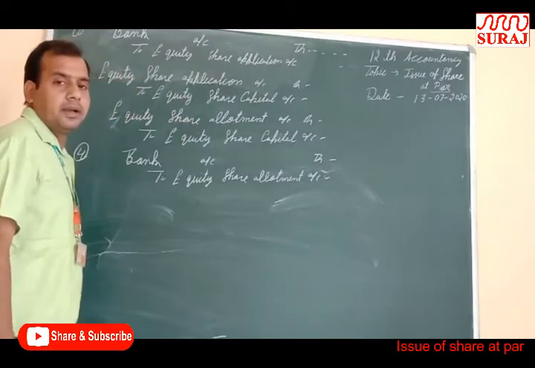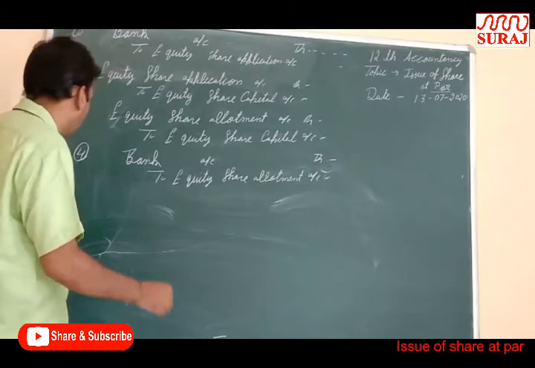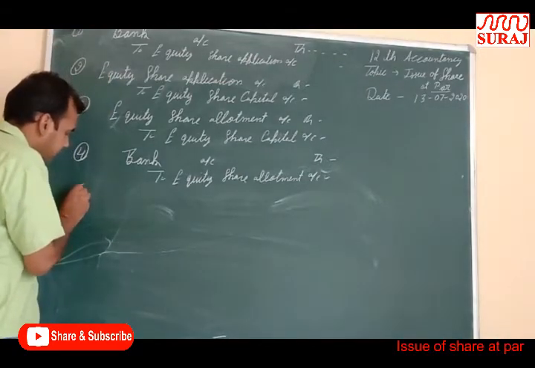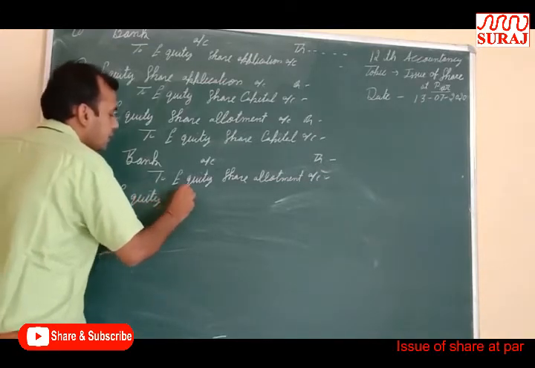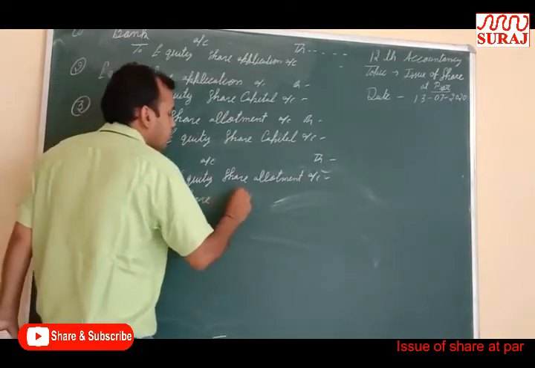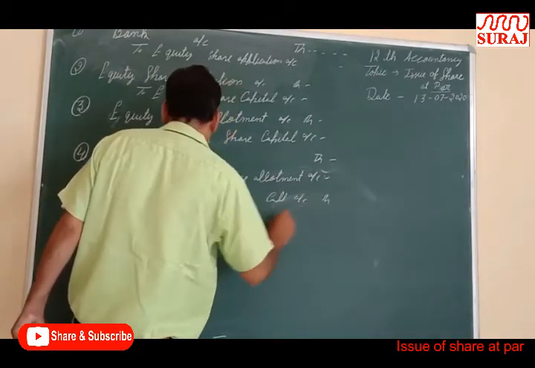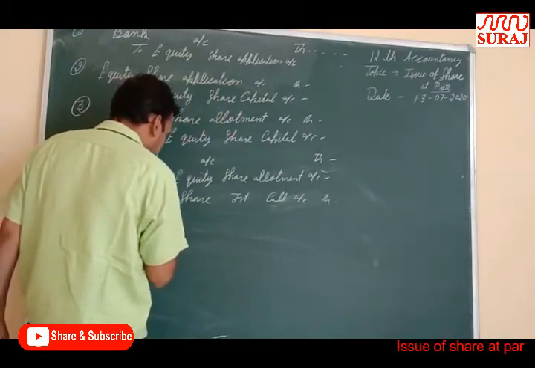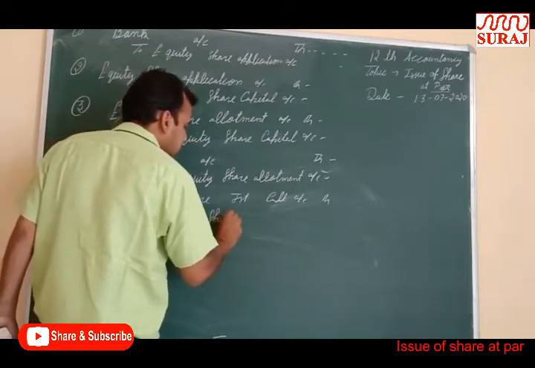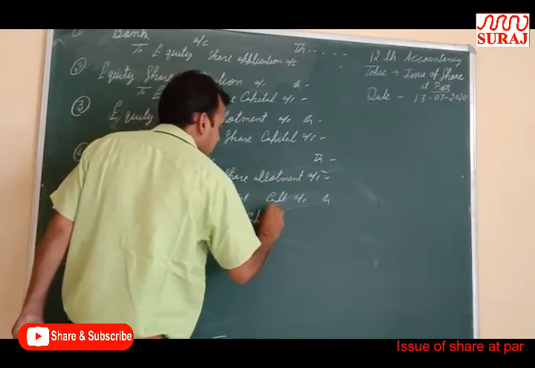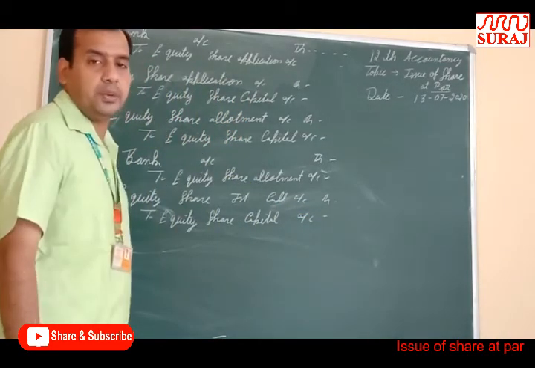After this, the company gives information to the shareholders about the first call money due and your entry will be passed: equity share first call account debit to equity share capital account. Narration for first call money due.